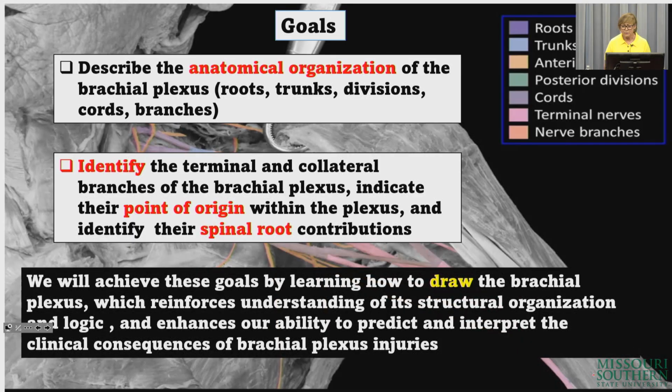In order to achieve all of these goals, it is very important to learn how to draw the brachial plexus. Drawing reinforces understanding of its anatomical organization. In fact, you will see the logic in this organization. It also enhances the ability to predict and interpret the clinical consequences of brachial plexus injuries.